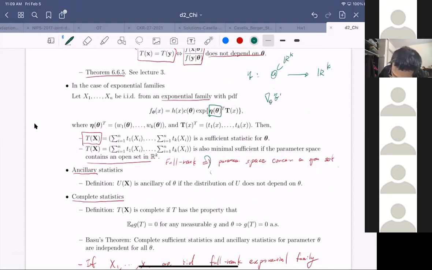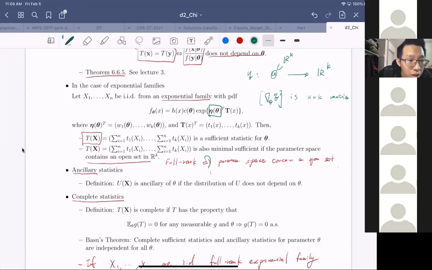So this is a k times k matrix. If this is full rank, then we say the exponential family is full rank. So the Jacobian of eta basically has to be full rank.